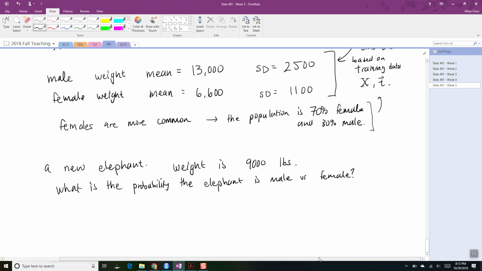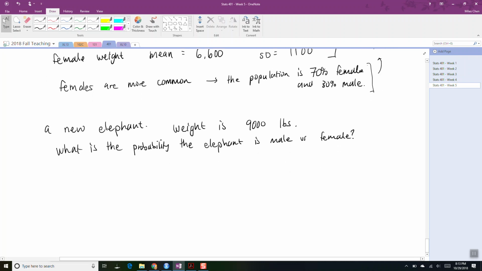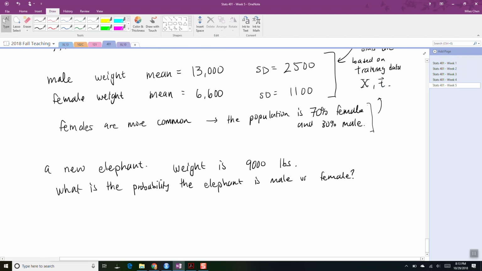Okay. So before I told you anything about the elephant, yeah, question. Are we assuming that females are more common in the population? So if we're drawing in a new observation, that would be the type of ratio we would expect, or is this simply a factor of our data? Okay, yeah, that's a good question. I guess I should say our data is 70% female and 30% male, and we're assuming it's a random sample, and so we're projecting this onto the population.